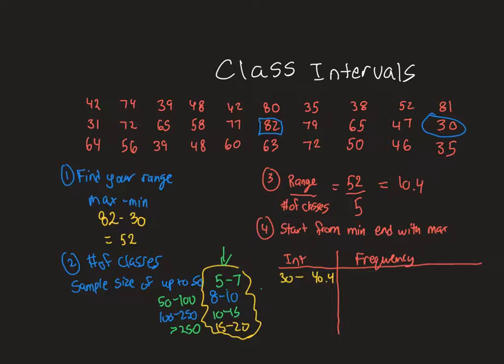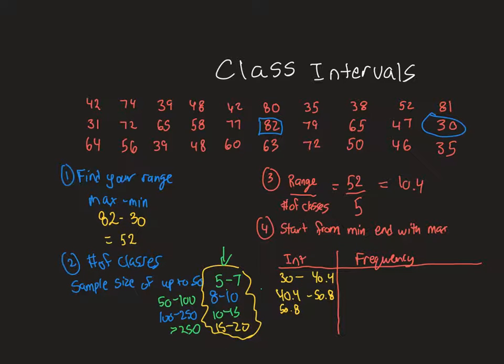If it's continuous data, your next interval should always start with what your last interval ended at. So my last one ended at 40.4. My next one will start at 40.4. And then you add 10.4 to that. So once again, 50.8.